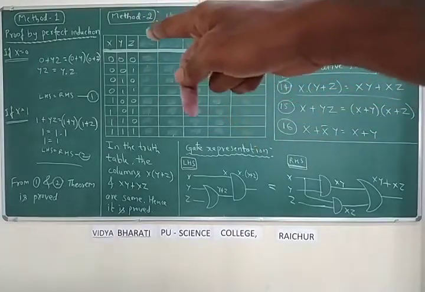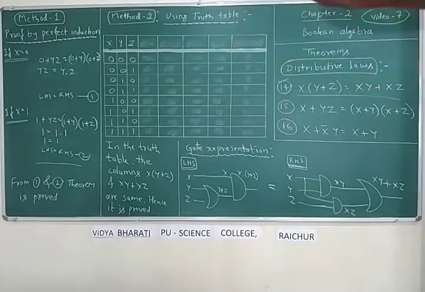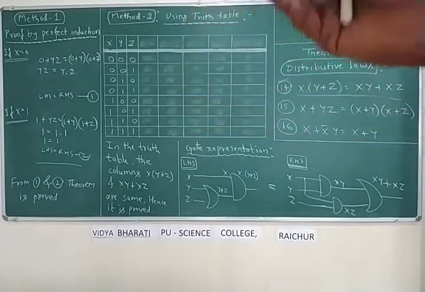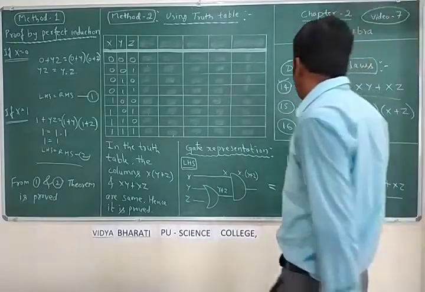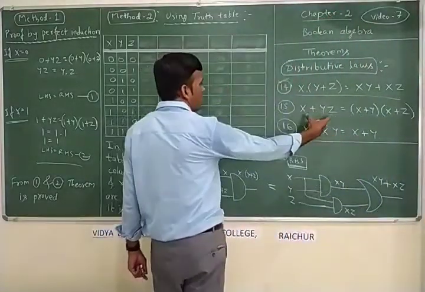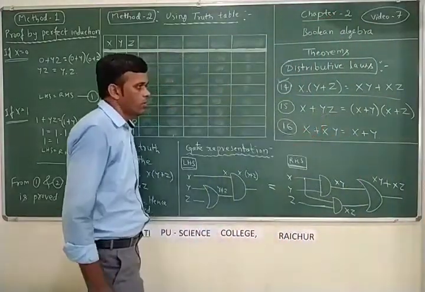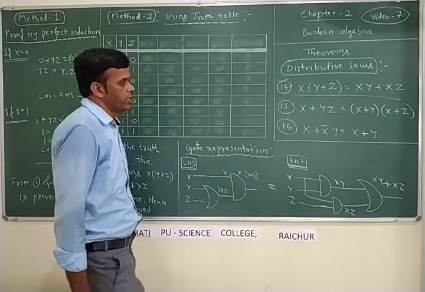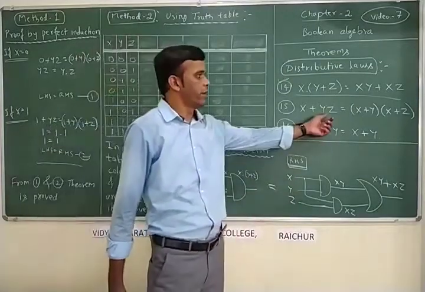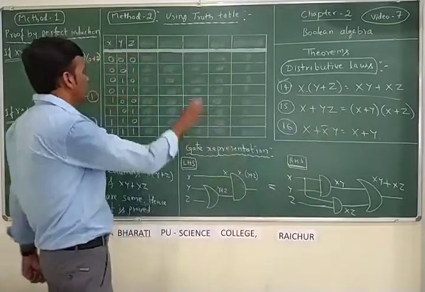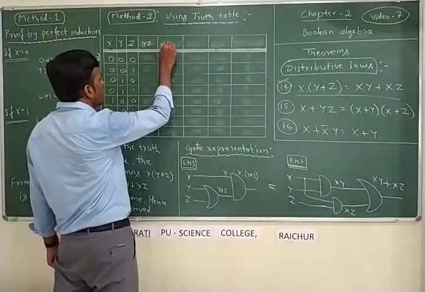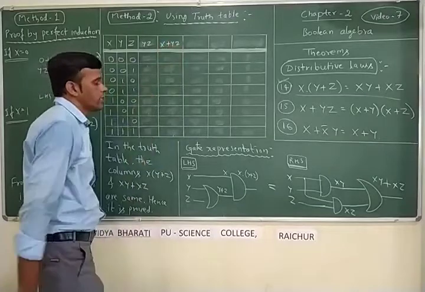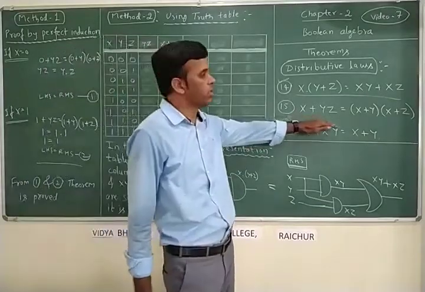Now we'll go with the columns and the values for those columns. We have x plus yz on the LHS. So yz we will consider first because of the AND operation. Then we will consider x plus yz. So this is about the LHS part.